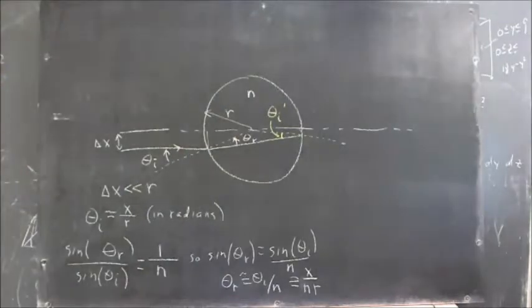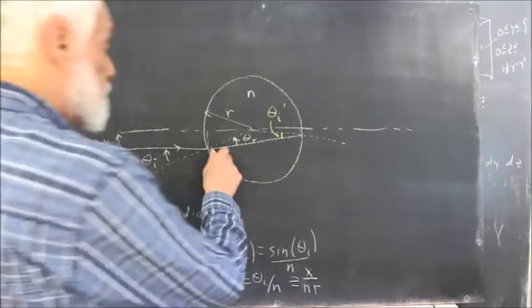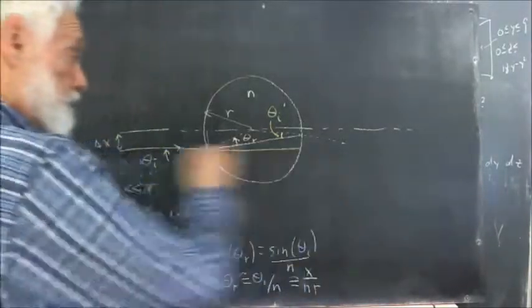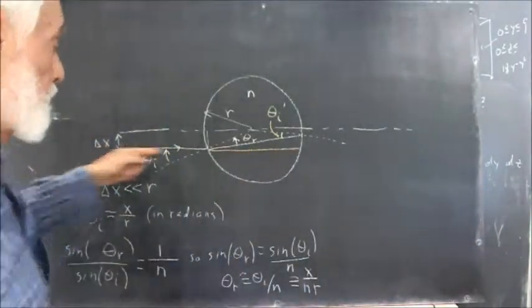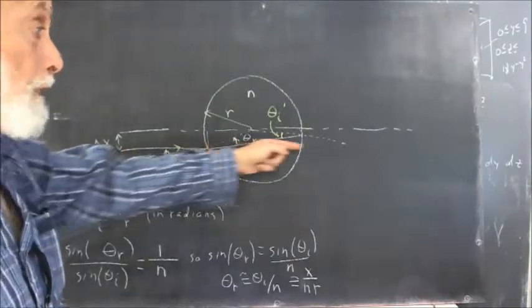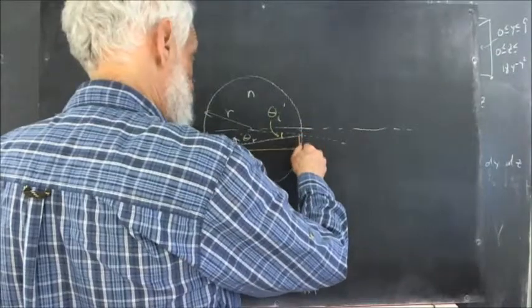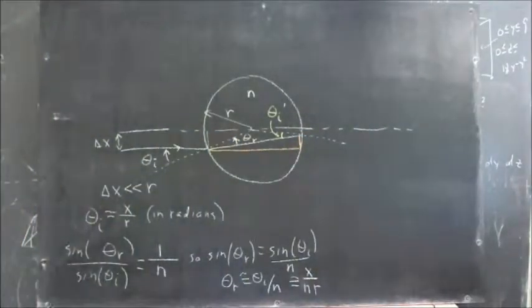At the risk of cluttering up the picture, I'm going to draw this ray, as the first ray would be if it continued undeflected. And then I'm going to join that here to make a right triangle.